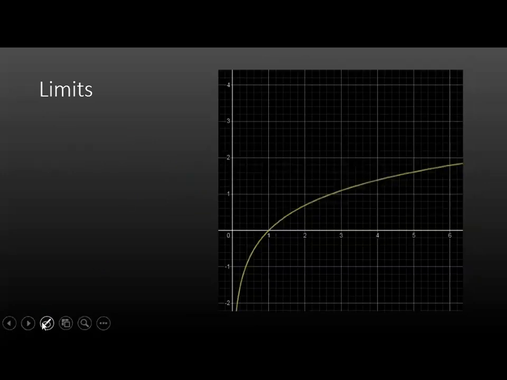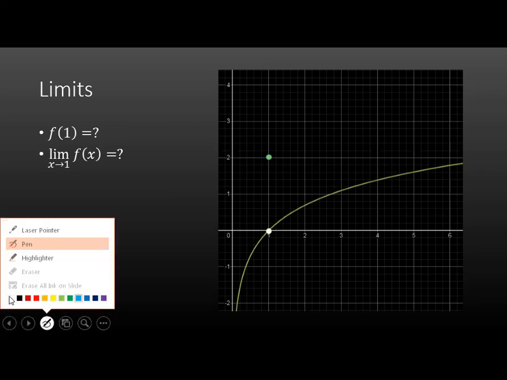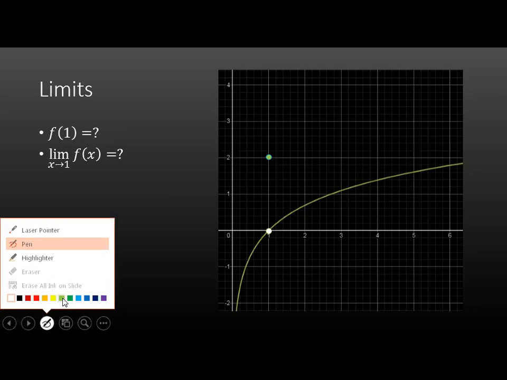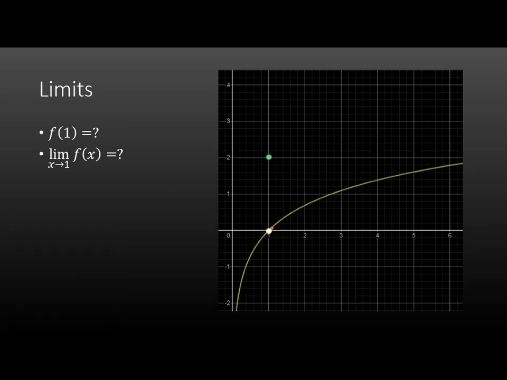Next. How about this one? Here, let's find the limit. No, function first. f of 1. So in f of 1, if you observe, 1 is here, right? And you see, there's a hole in here. So again, if it's a hole, it's undefined. But take a look.